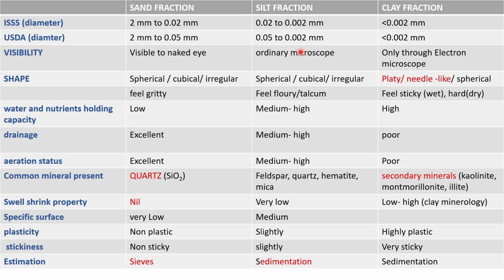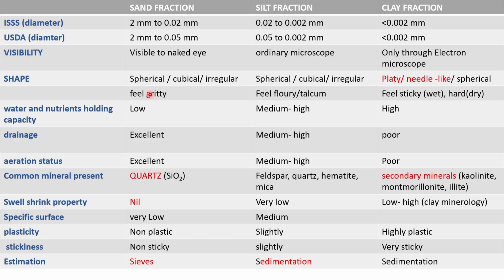We can see the silt fraction by using an ordinary microscope; we don't need an electron microscope. It is spherical, cubical, or irregular in shape like the sand fraction.